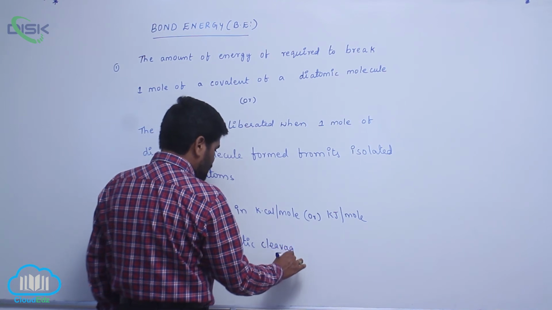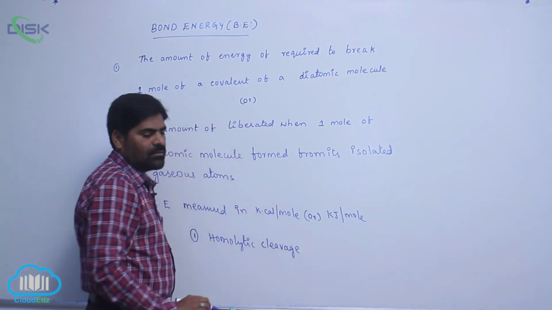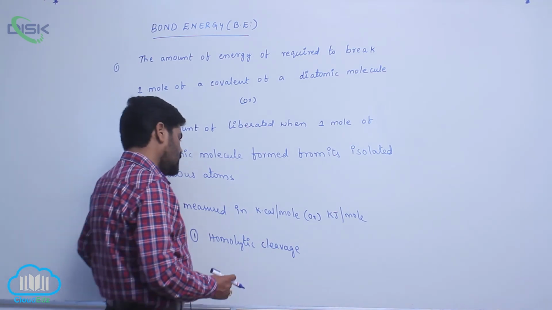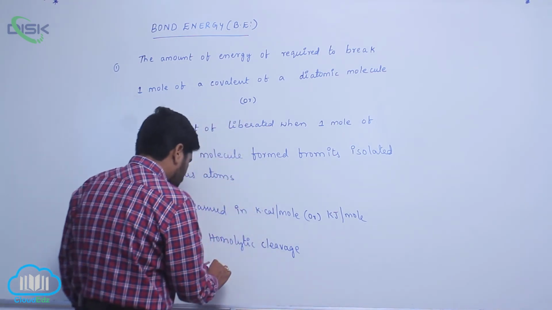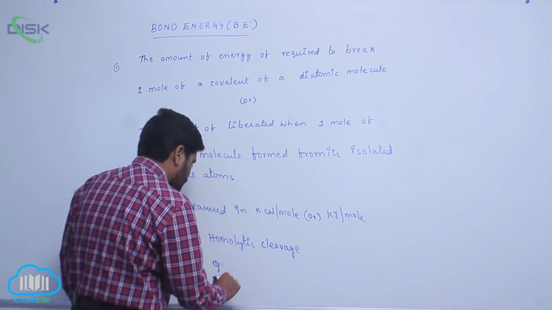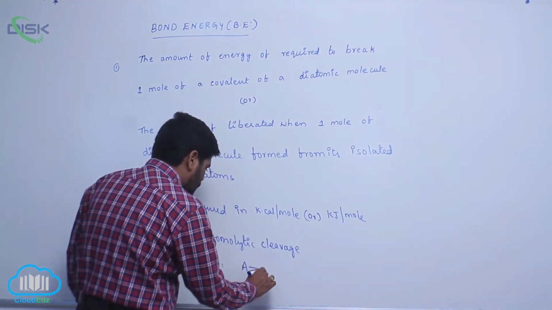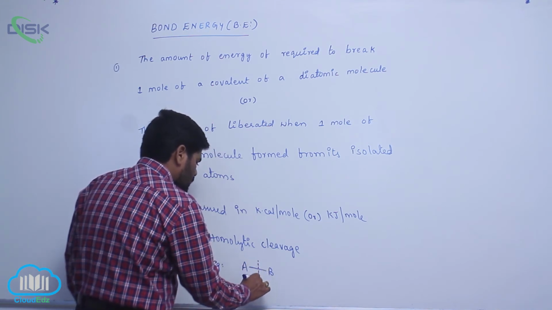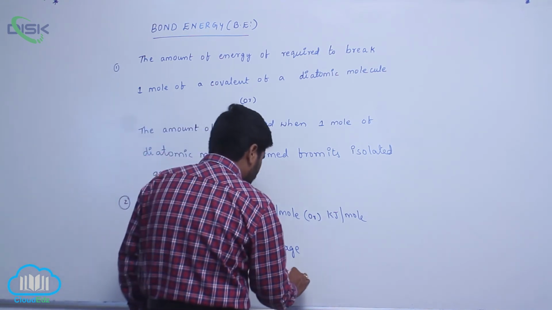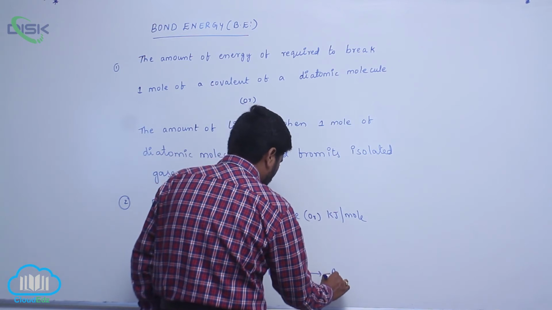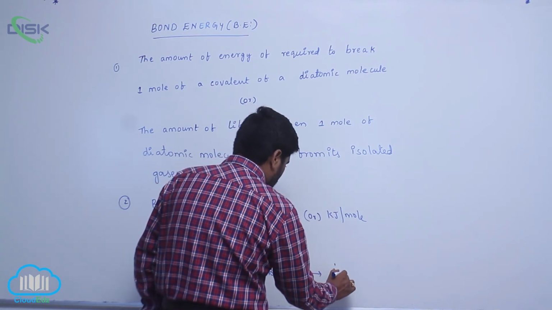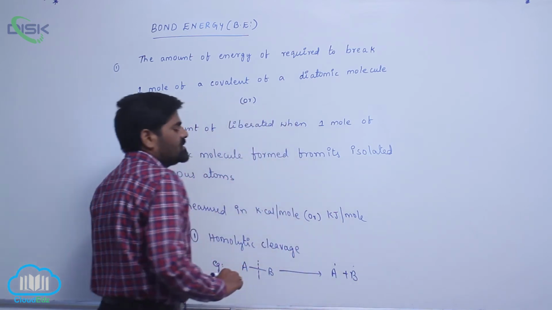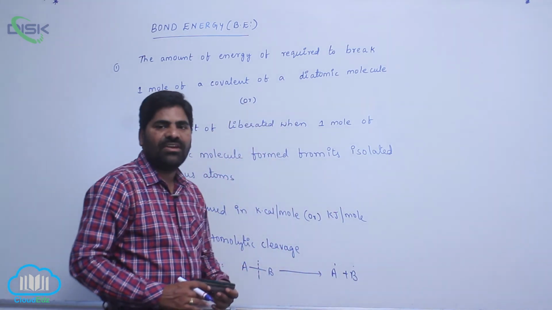Homolytic cleavage means: this is an AB bond, then breakage of this forms A radical plus B radical, meaning symmetrical cleavage.